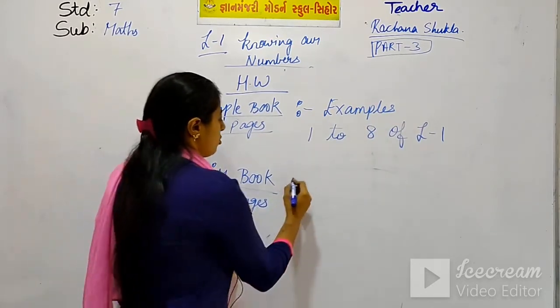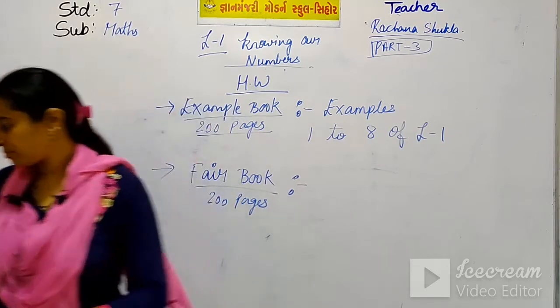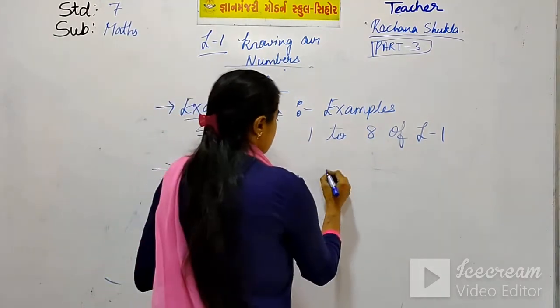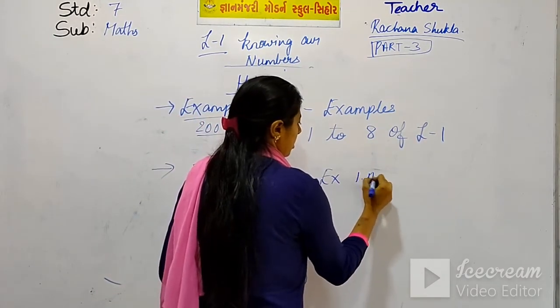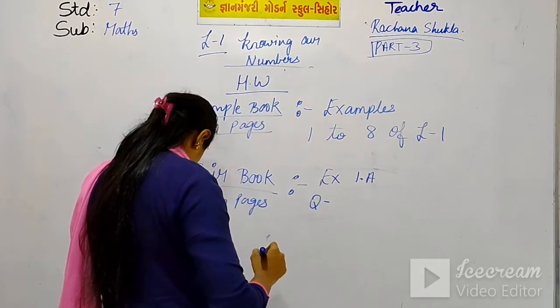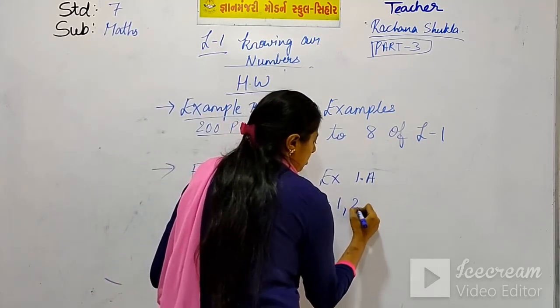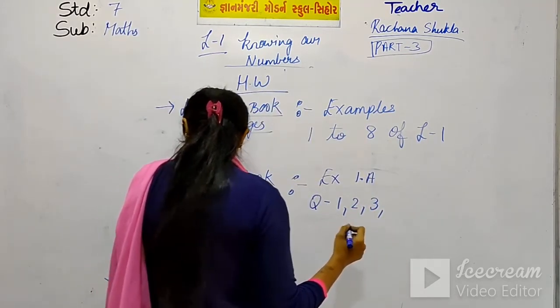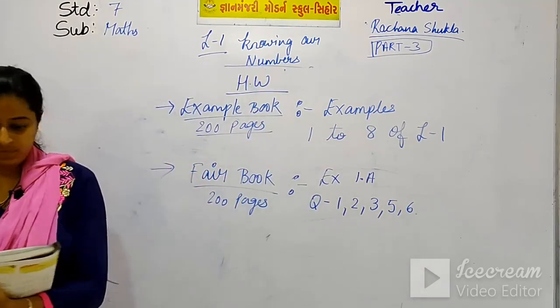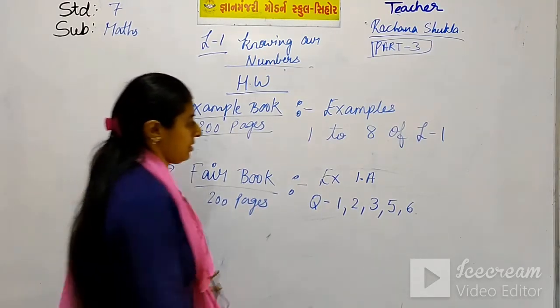Now for the fair book your homework is exercise 1A, question number 1, 2, 3, 5 and 6, 7 and 8.